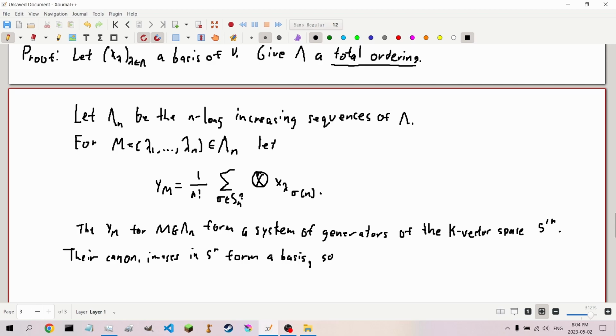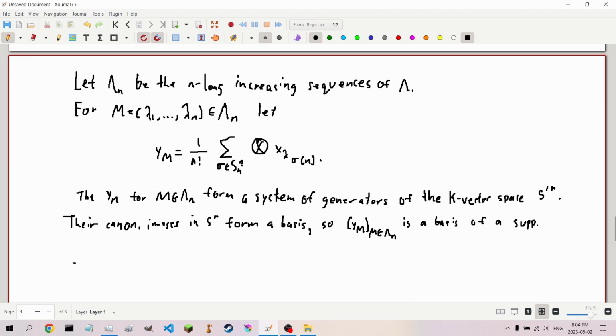so y M for M in big lambda n is a basis of a supplementary subspace of I intersection Tn in Tn.